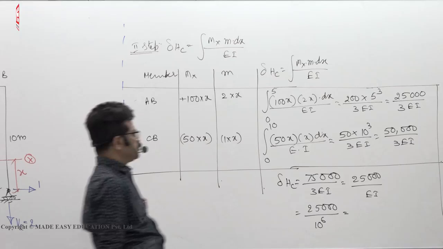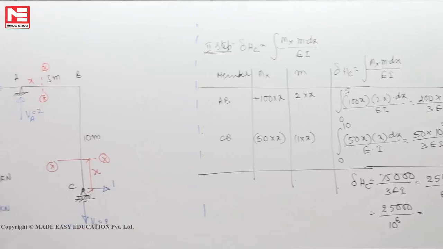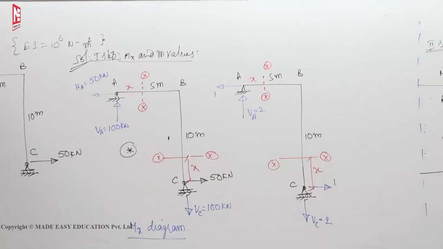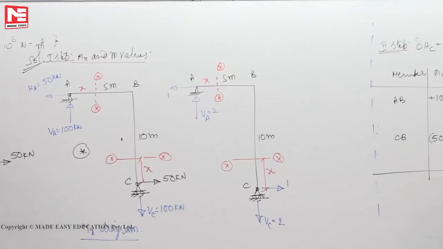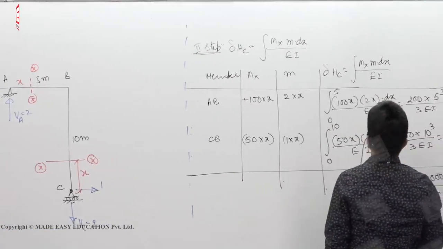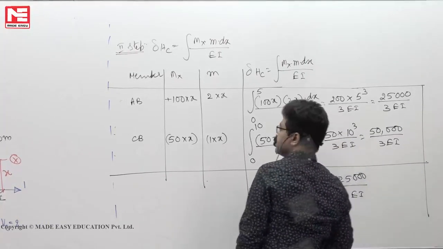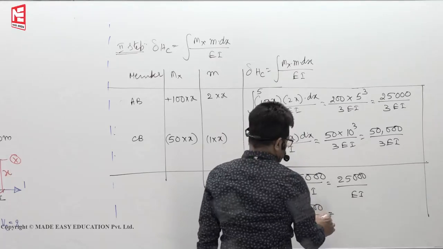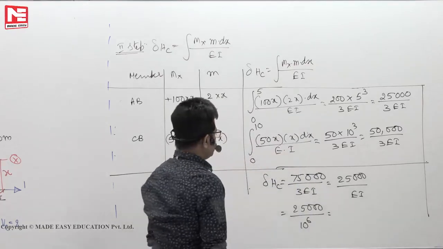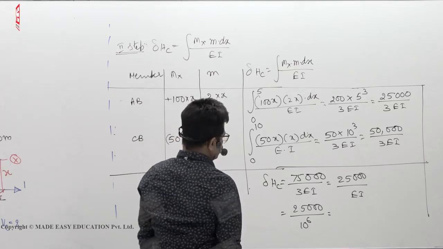So if I take 10 to the power of 6, this you take it as Newton meter square. Everything now is in meters, right? But this will become in kilonewton. Load is in terms of 50 kilonewton. So you will get 10 to the power of 6 kilonewton meter square if I take it.